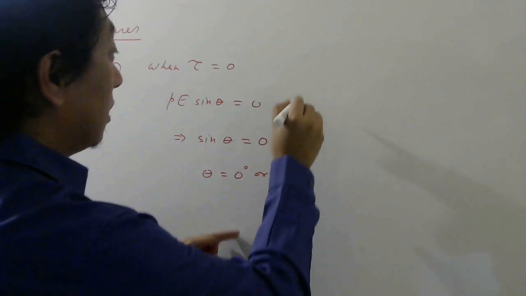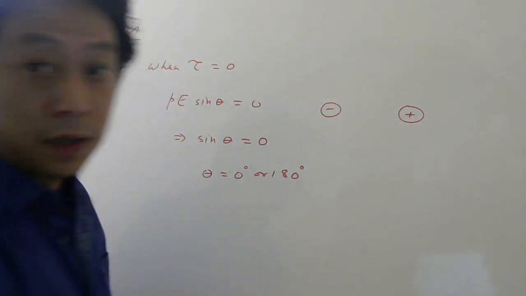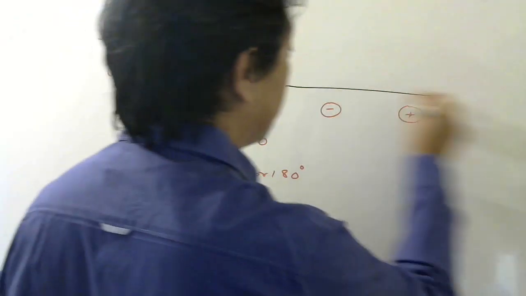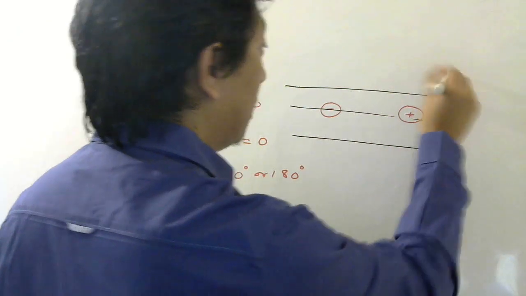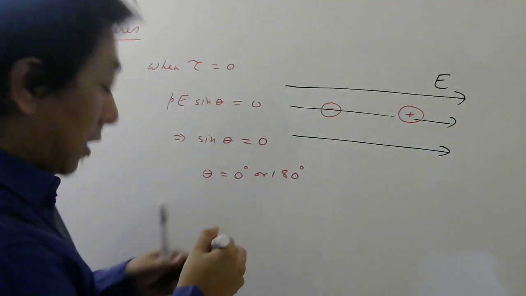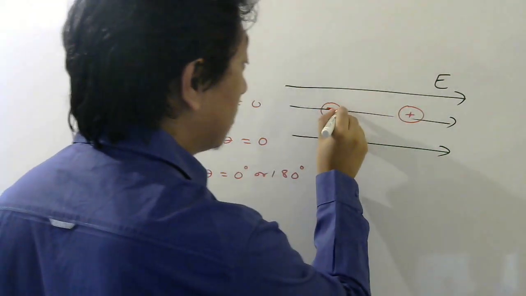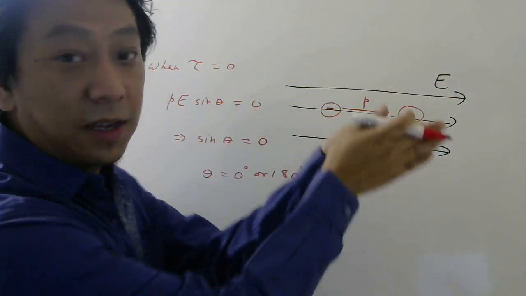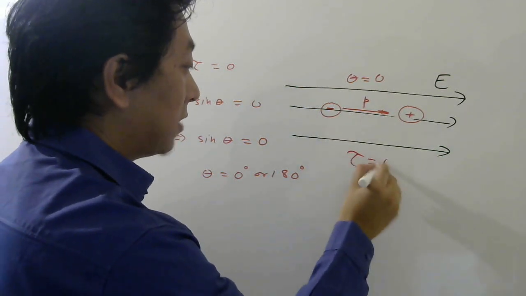That means if your dipole is kept this way and electric field is also in the same direction, then electric field is represented by these lines, and dipole moment vector, how do you show? From minus q to plus q. So you can see these two are in the same direction, so angle is 0. So in this case your torque will be 0.